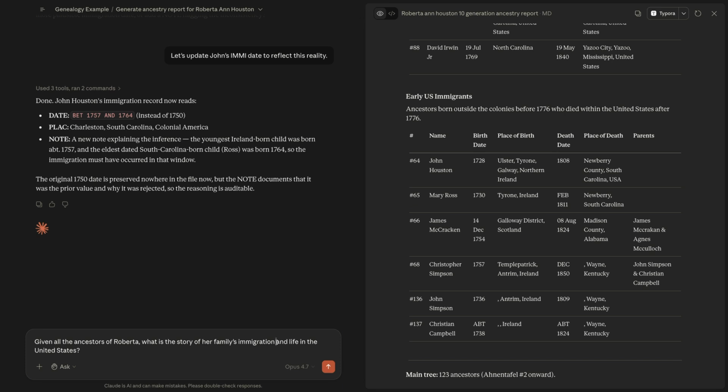That's immigration to and life in the United States. Given the location of her ancestors, what inferences can we draw about the communities they were a part of?